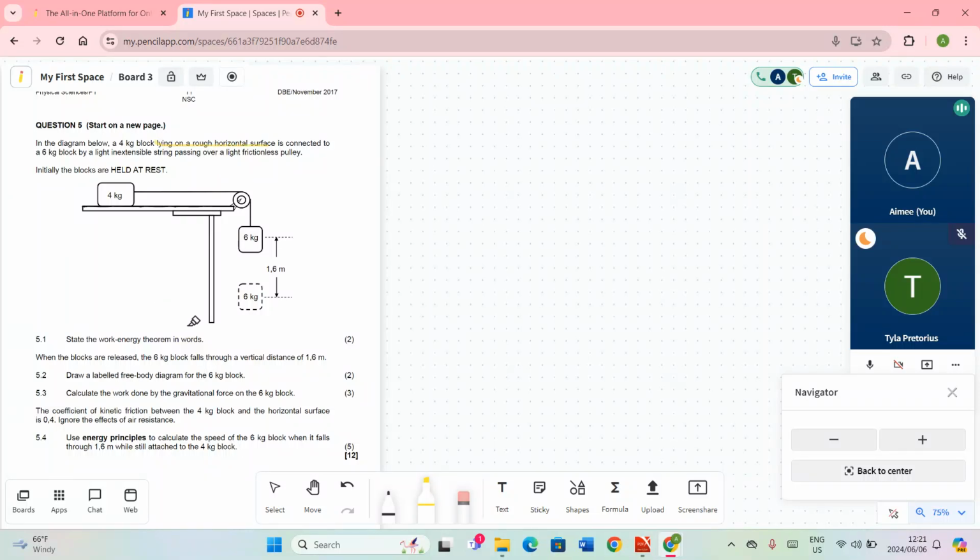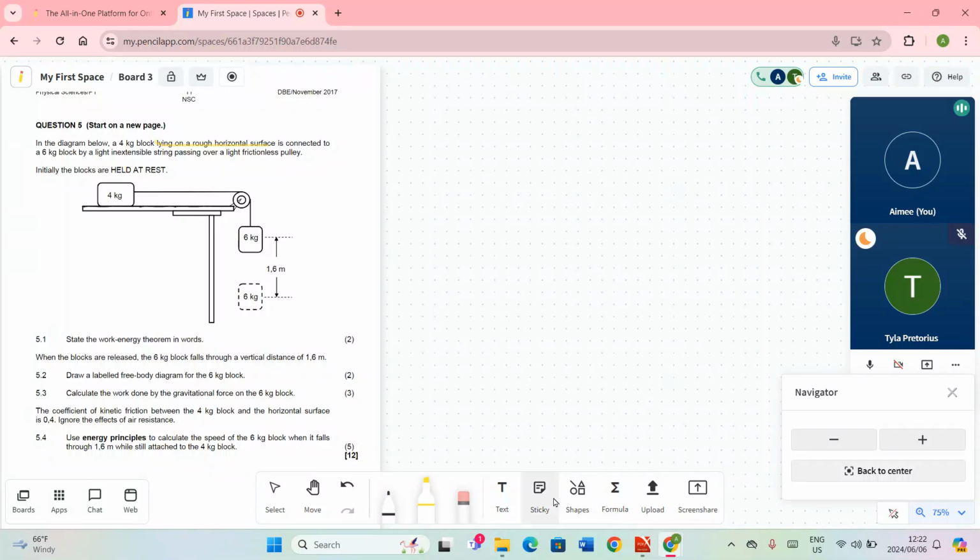And the word rough indicates to us that we are going to have to take friction into consideration. So what do we do? Also, just one more point, it says initially the blocks are held at rest.